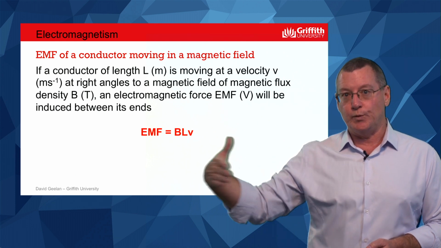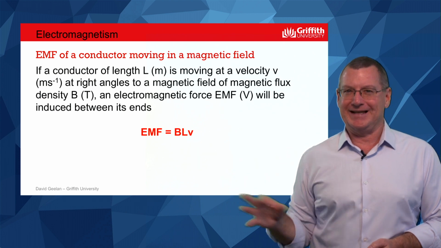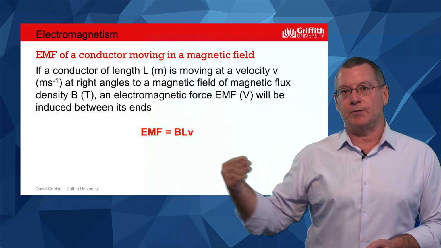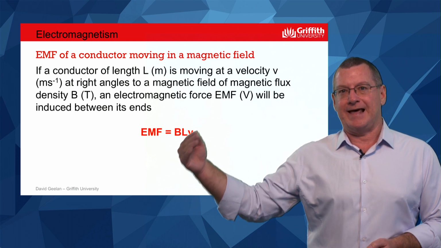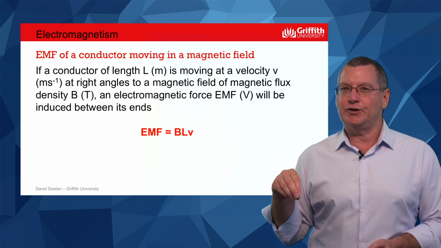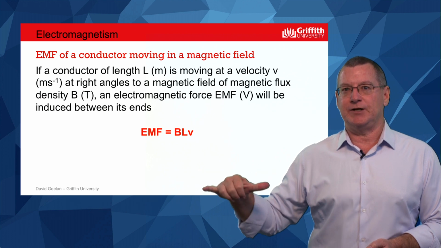And they are going to move because they can move, right? It's a metal, metallic bonding, free electrons floating around. They're experiencing a force, so they'll move. And the electrons will move up to one end of the wire, so that'll be negatively charged. The other end of the wire will be positively charged, right? So there'll be a voltage difference, a potential difference between them.